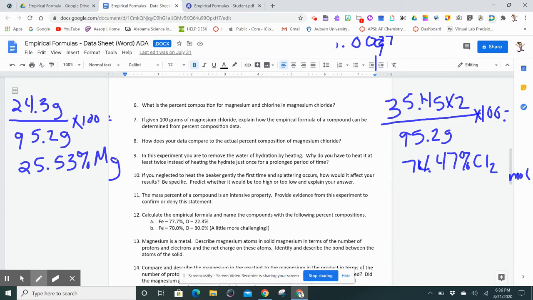So for example, if I have 100 grams, I can then say that I have 25.53 grams of magnesium, and I have 74.47 grams of chlorine, or the chloride. So to find the empirical formula, what I can do is just take those numbers and divide them to make my ratio.